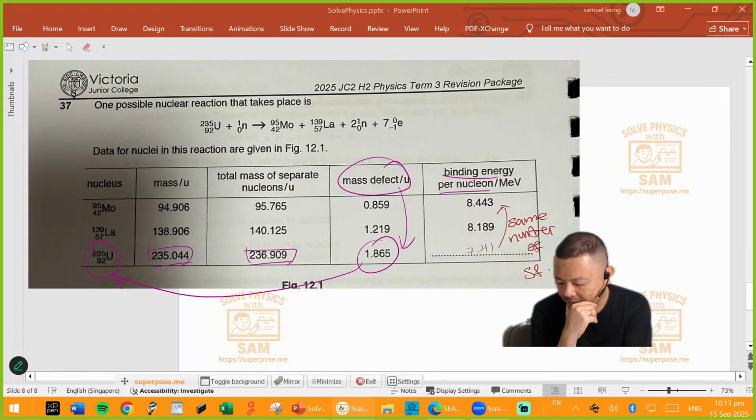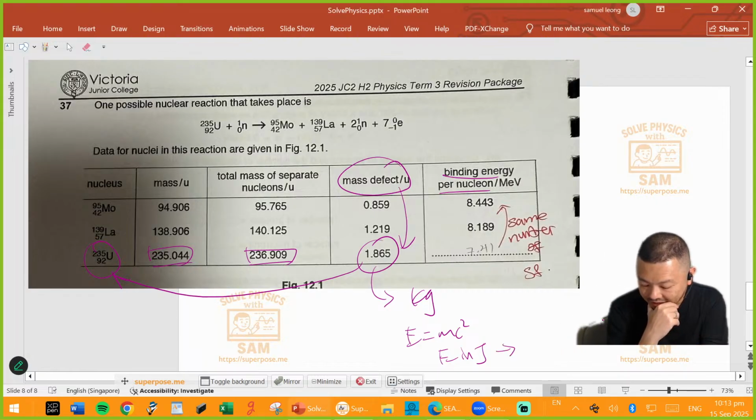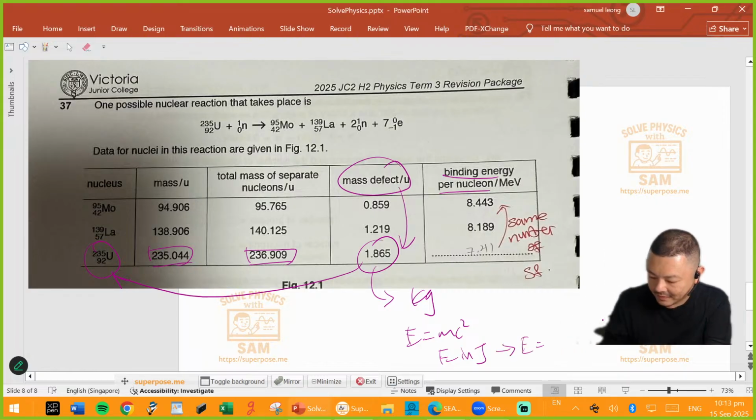So if you take this mass defect and convert it to kg, then E equals mc squared, you get energy in joules. Then you convert it to energy in MeV.